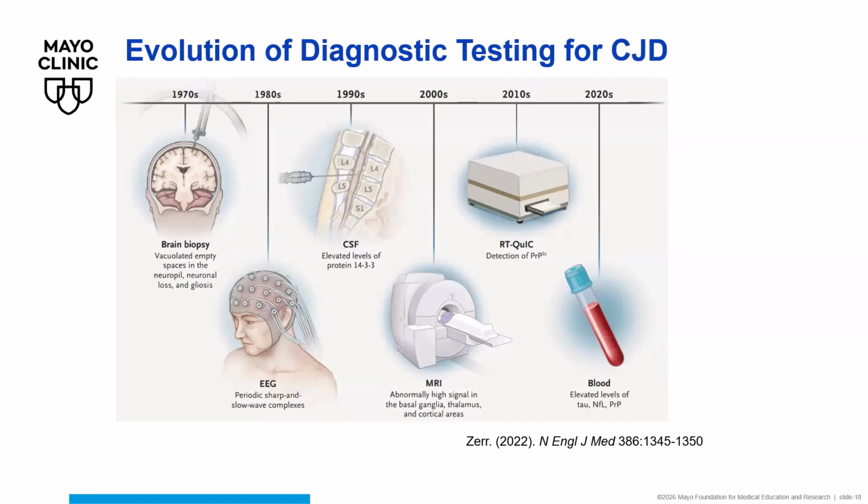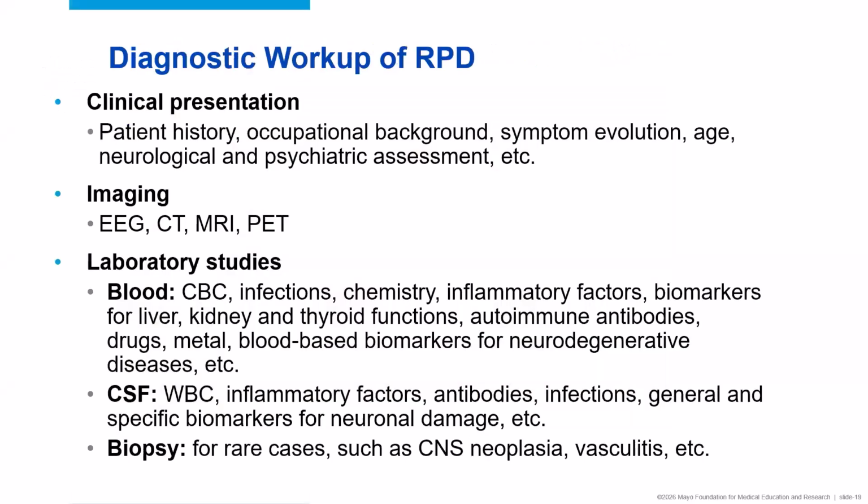And then, from 2020 onward, there's been a big push to look at the potential utility of blood-based biomarkers for this disease. I can say that at the current state, CSF is still the gold standard sample for detection of CJD, and that's mainly driven by RT-QuIC. We'll talk more about that.